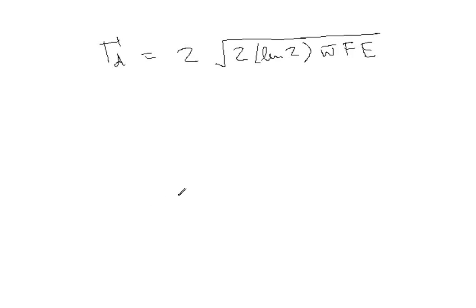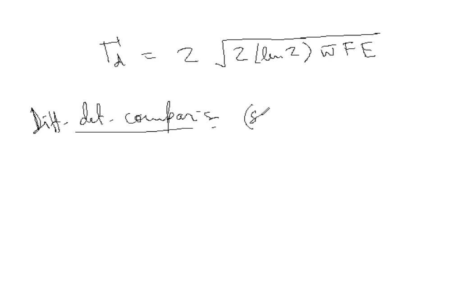Now let us compare the contribution of statistical fluctuations to the resolution of different types of detectors. So for a certain energy, say the same energy, we will do the comparison.